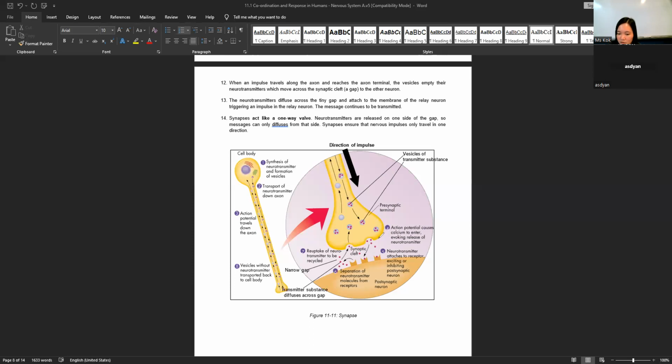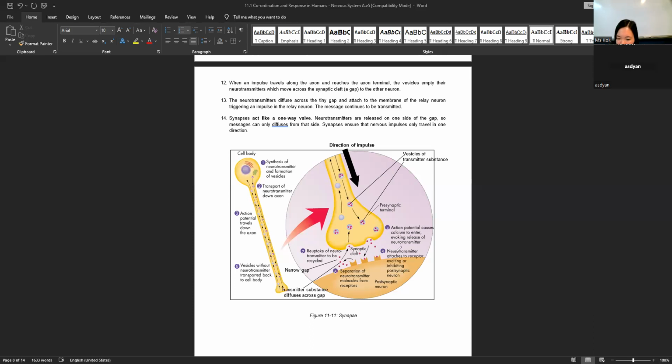This will allow the neurotransmitter to be released. So the neurotransmitter will then diffuse through the synaptic cleft and reach this neuron. It will bind to the receptor found on the next neuron and it will activate it.